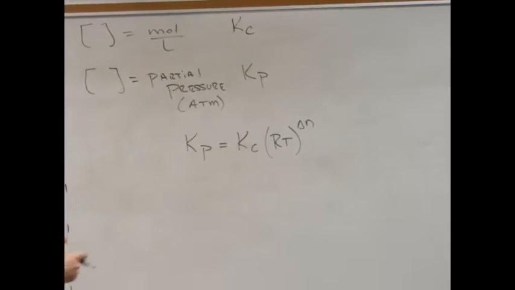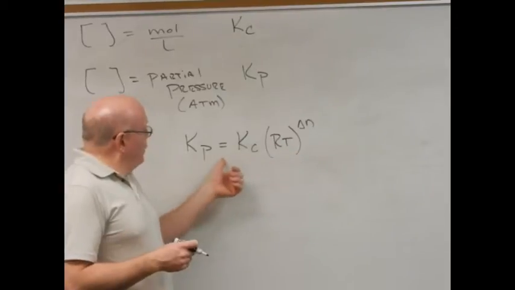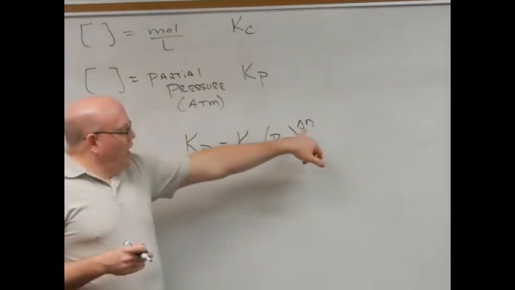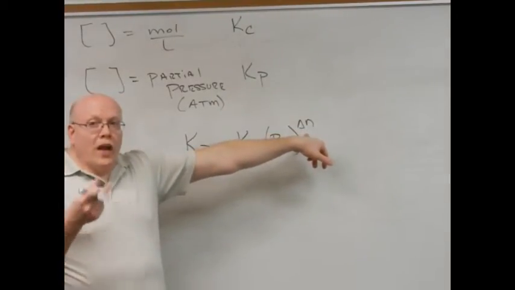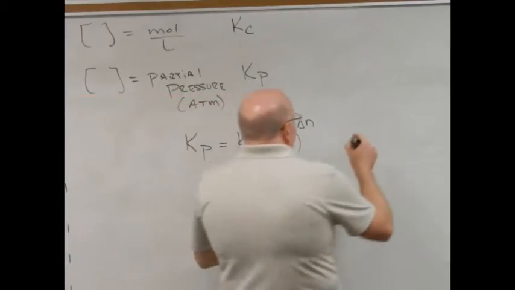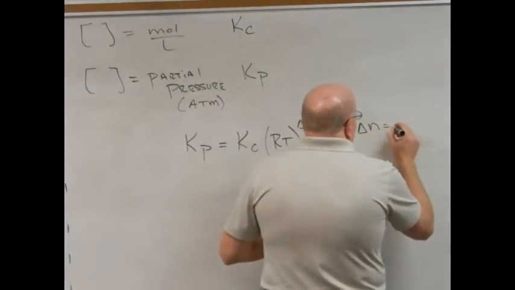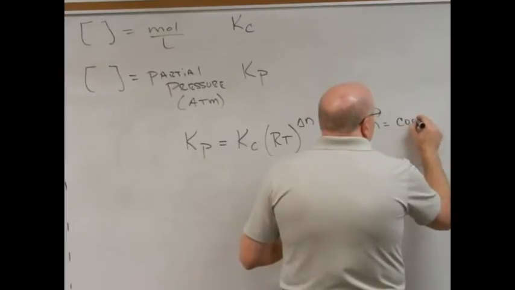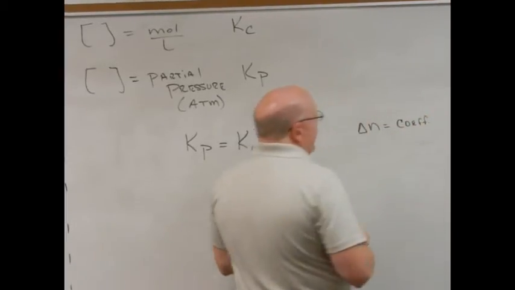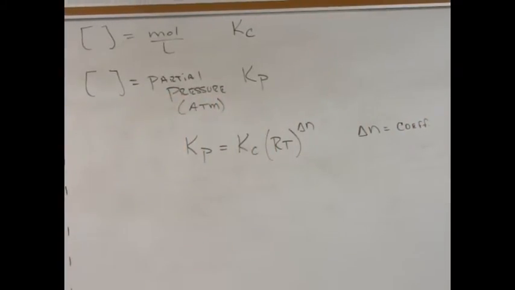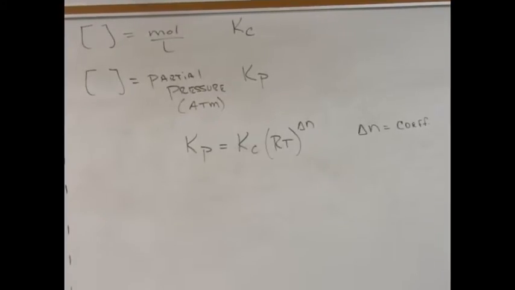T is the temperature in Kelvin. These two can be equal to each other. It depends on delta n, what we raise this to. Delta n is looking at the coefficients. That is the change in the gas number, product to reactant.